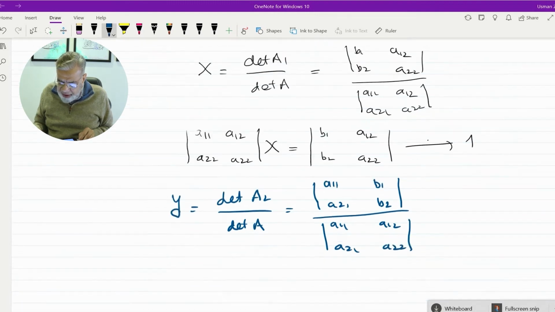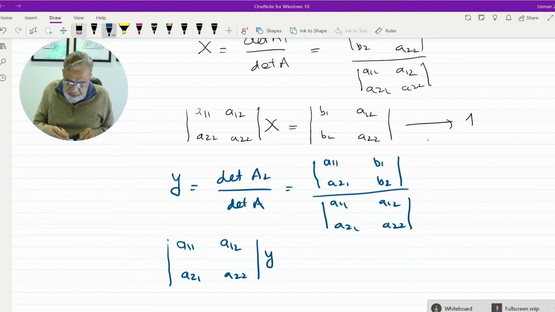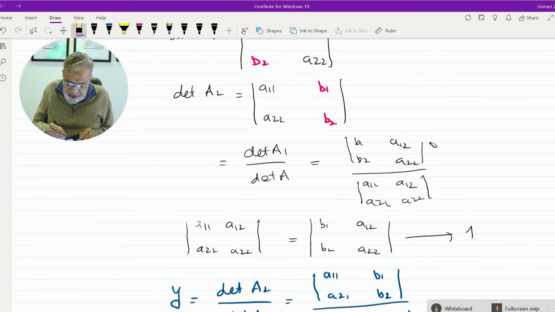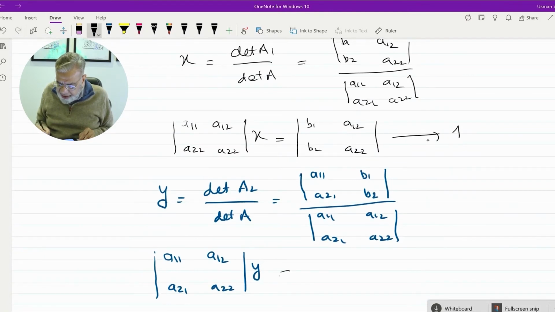Now I can rewrite this one, and we multiply with this, and we get A11, A12, A21, A22, and here is y. I want to change my x: this x is not the matrix, it is our small x, the variable. So here we change it, and here is y, and on the right hand side we get the value A11, B1, and A21, B2.